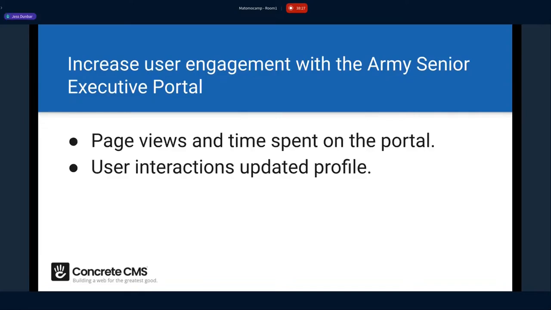A couple of other areas that were tracked were page views and interactions with the updated profile. Also, things like likes and shares could have been used, and time on page.